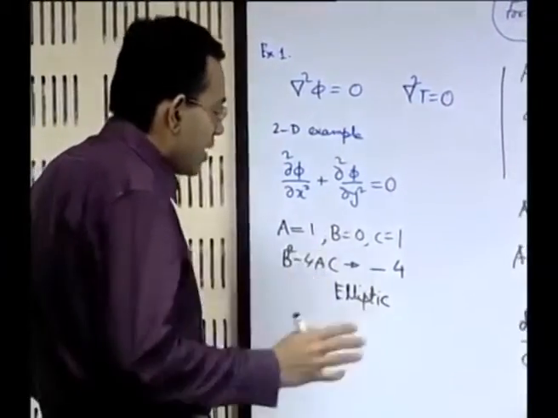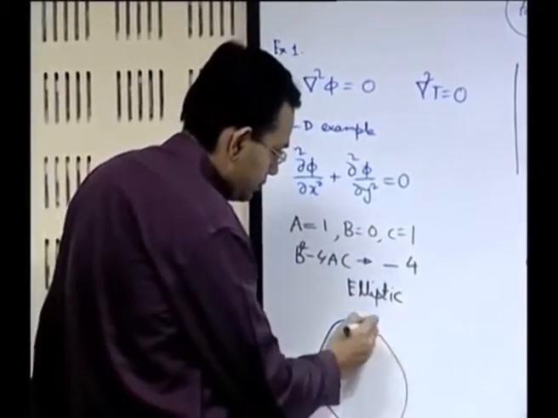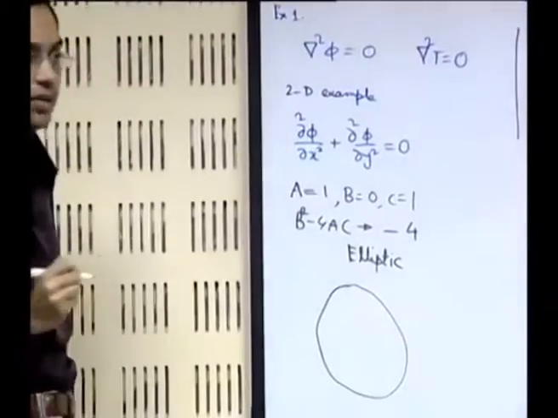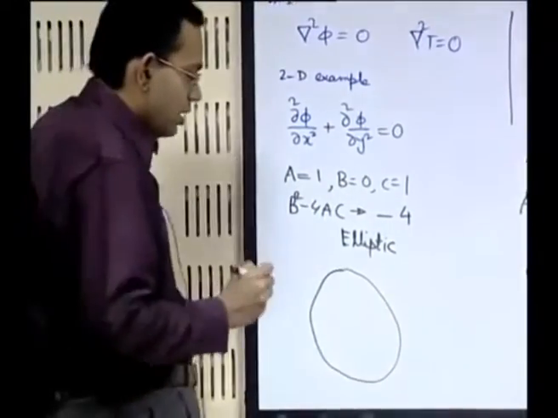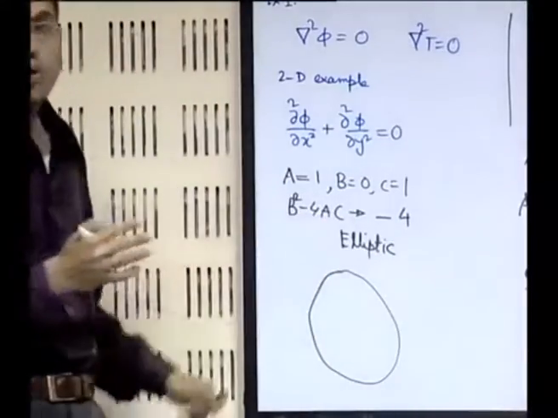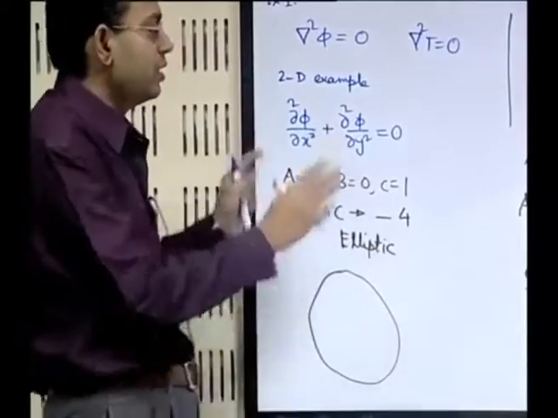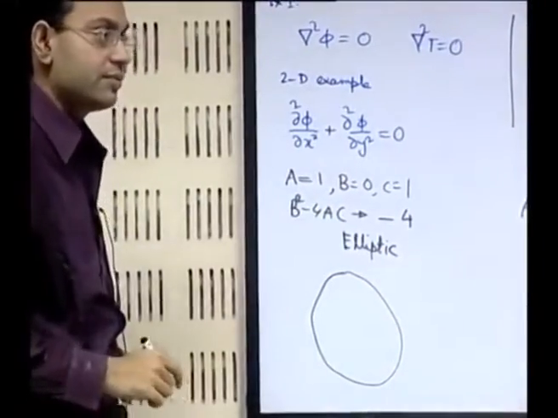Let us take an example of a heat conduction problem. Let us say that there is a domain, and throughout the domain there is a uniform temperature, say the entire domain is at a temperature of 30 degrees centigrade.